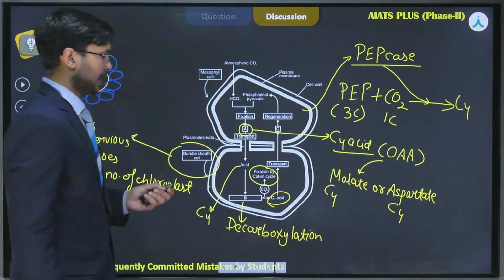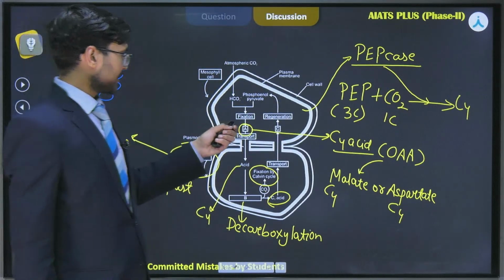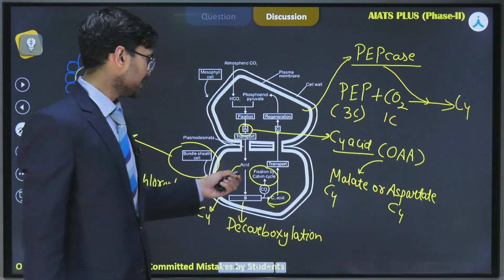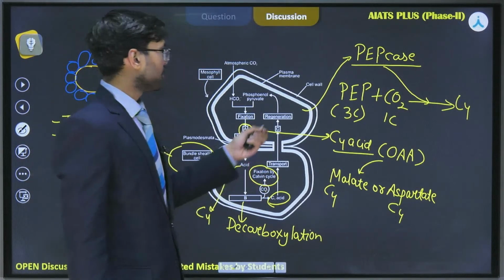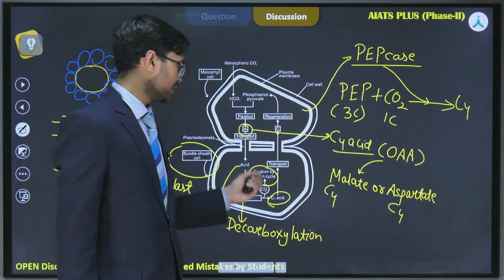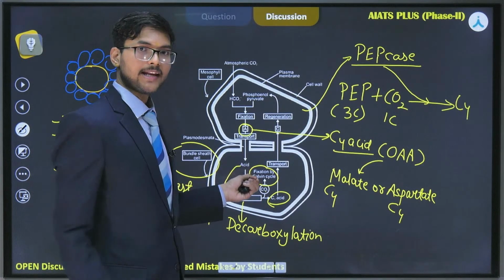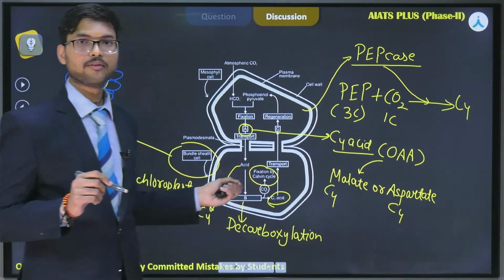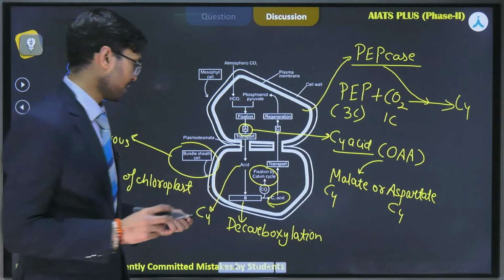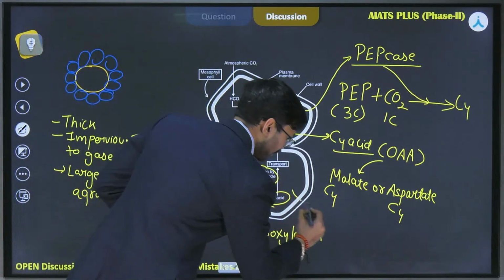Now, as you can see here, PEPcase is not present here. As the carbon dioxide is released here, the Calvin cycle will occur, and the Calvin cycle occurs in the presence of the enzyme called Rubisco. Now, here there is presence of Rubisco.